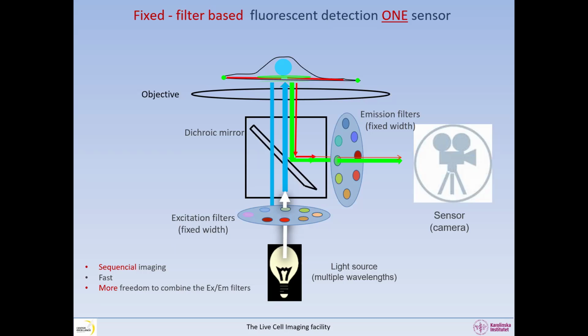They are in so-called excitation and emission wheels, and that increases the speed of imaging, because the vertical excitation or emission filters are easier to move, they move faster, and of course you also get more freedom to combine the excitation and the emission filters, but nevertheless, they have a fixed width.